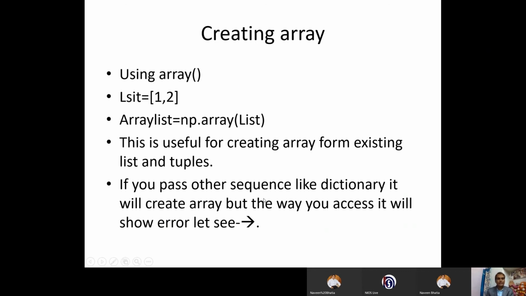If you pass another sequence like a dictionary, it will create an array. There is no doubt it can create an array with the help of any sequence. No issue. But while accessing, you may get some error. So if you pass another sequence like a dictionary, it will create an array, but the way you access it, it will show you the error.